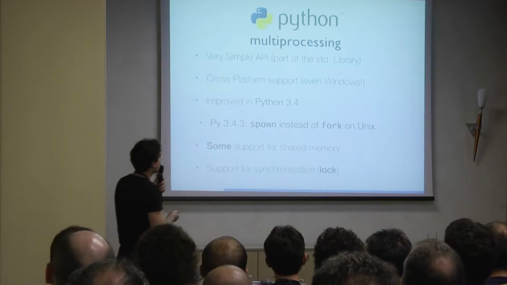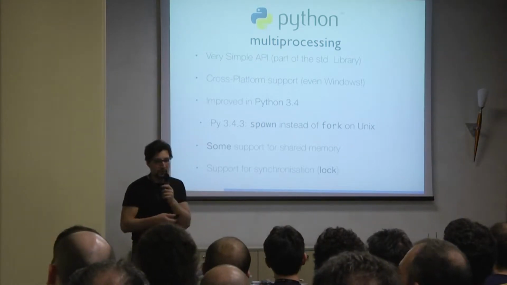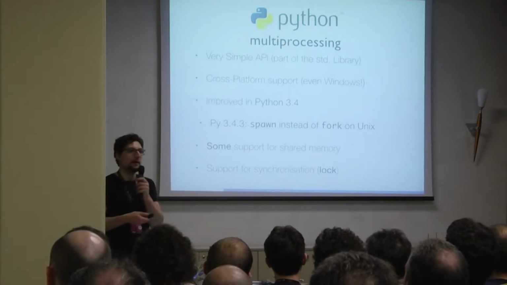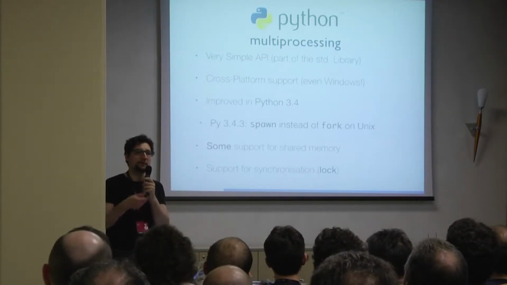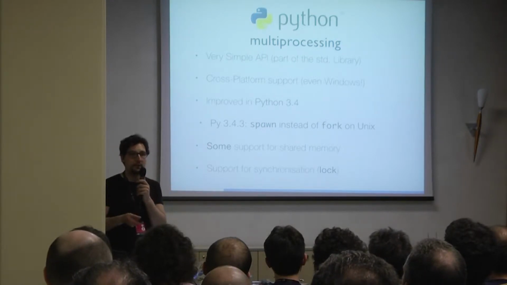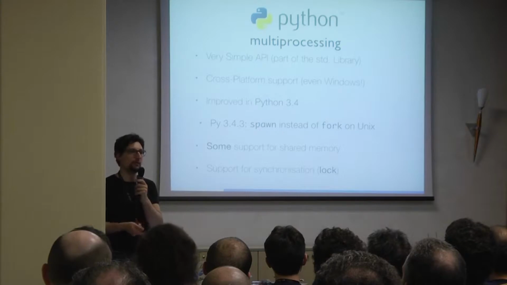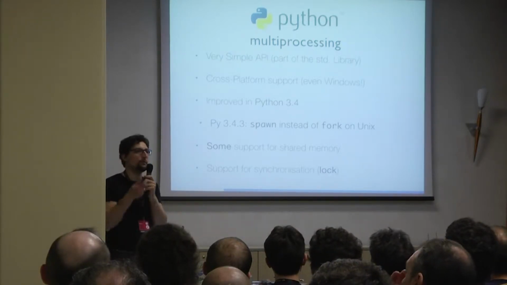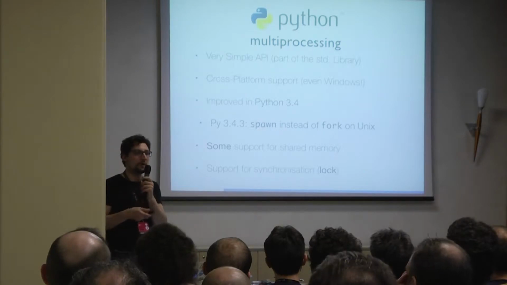Multiprocessing is very useful because it tries to tackle the problem of the GIL with threads. I have no time to go into too much detail, but the problem of threading in Python is basically related to CPU-bound computations, because you have just one interpreter running on a single CPU.